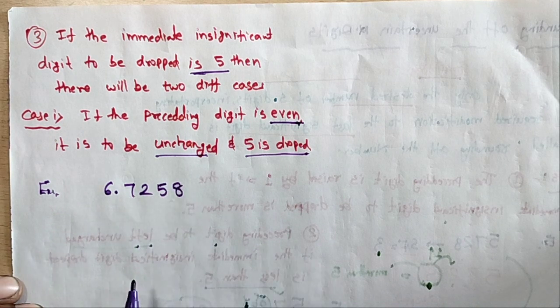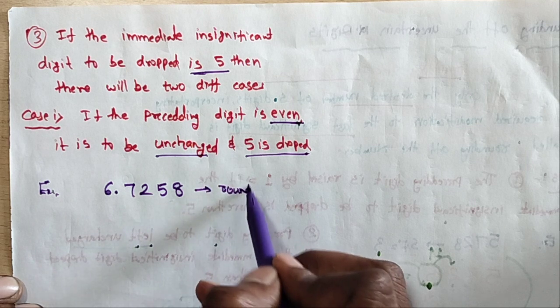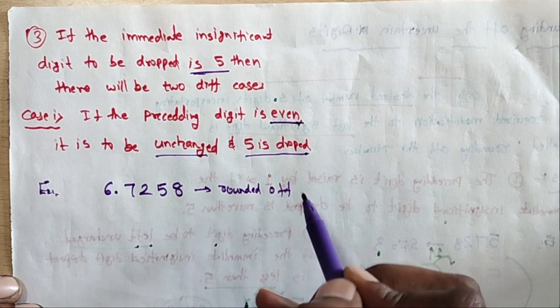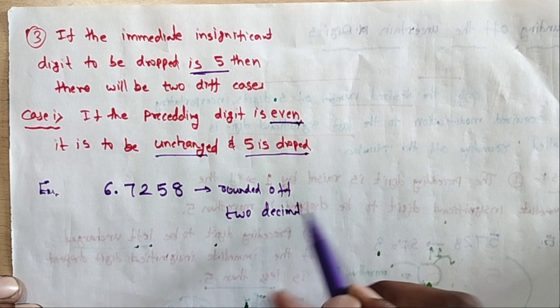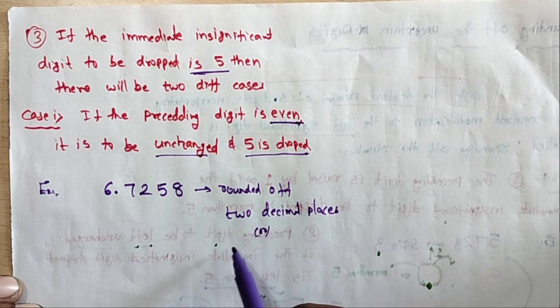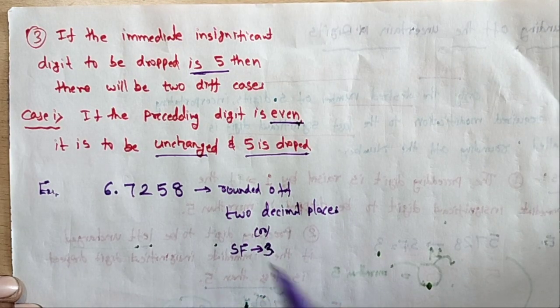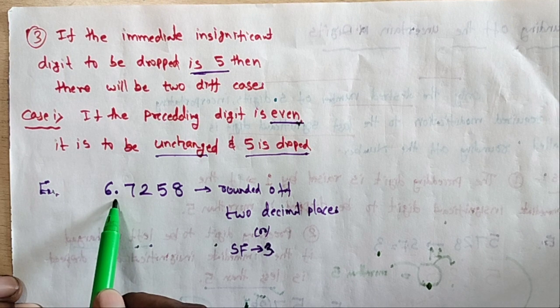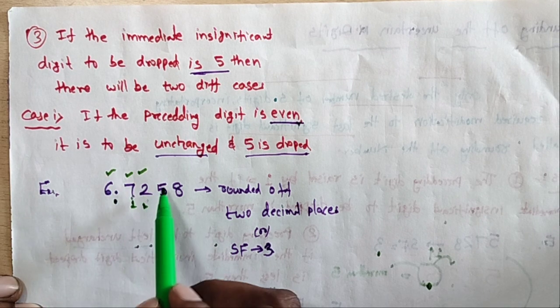6.7258. I want it rounded off to two decimal places, or three significant figures. Don't confuse decimal places and significant figures, they are different. Here this is the decimal point, so 6, 7, 2, that is 3 significant figures. After that the next digit is a 5.